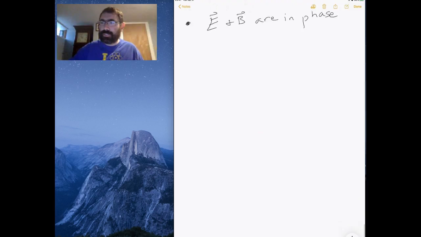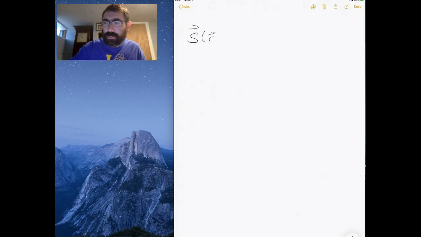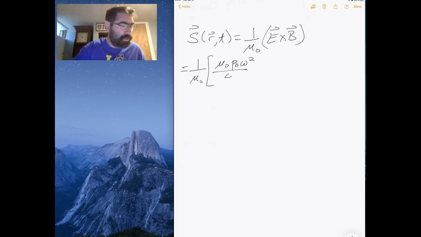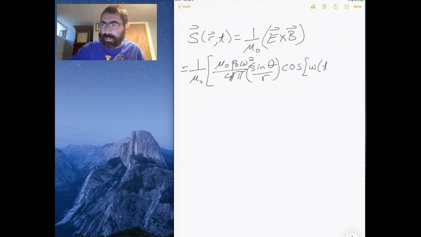Okay, so now let's take a look at the power, and to look at the power, we have to consider the Poynting vector, which we said is 1 over mu naught E crossed into B. And since everything is essentially the same between them, what we have is 1 over mu naught p naught omega squared over 4 pi sine theta over r cosine omega t minus r over c squared.